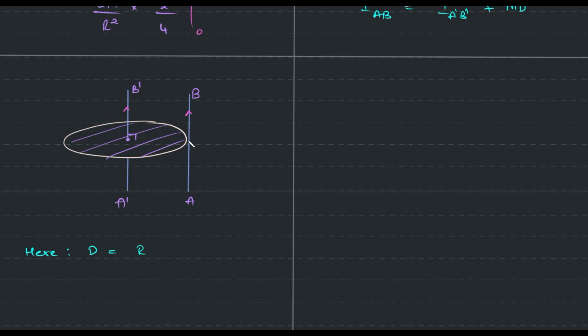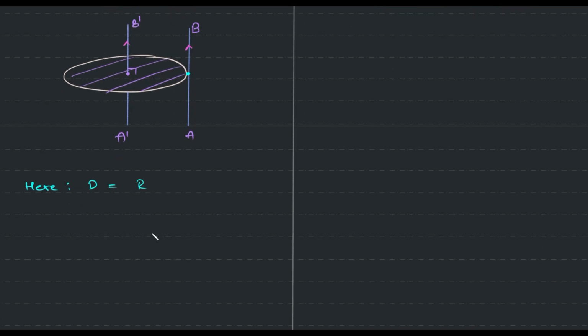So it has shifted with the distance of R. So we have IAB is equal to half mr square plus mr square. So all of this will be 3 by 2 mr square. And that's that.